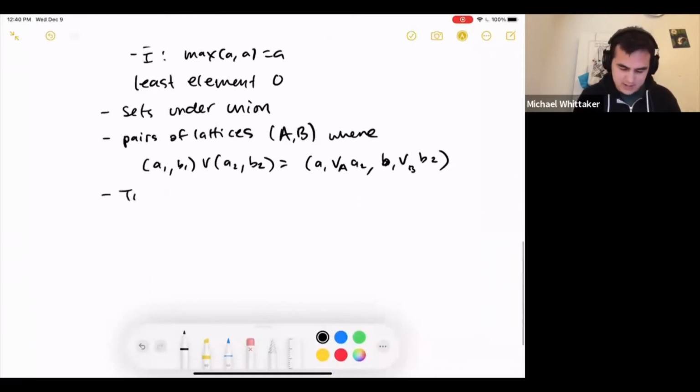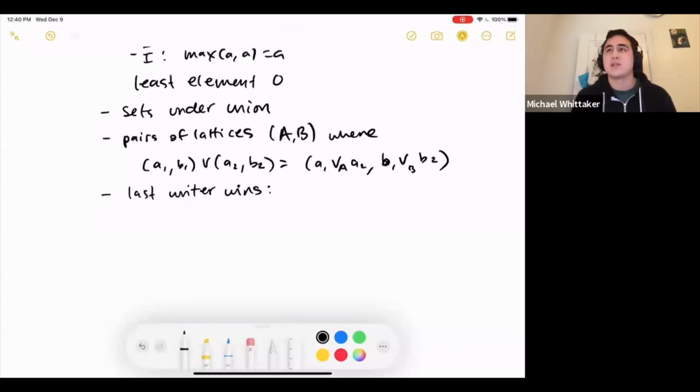And then the lattice that's maybe most relevant to Anna is this, let me say, last writer wins lattice. The last writer wins lattice consists of pairs of the form t, where t is some time, so some integer or something, and then some lattice value, let me do lowercase a.